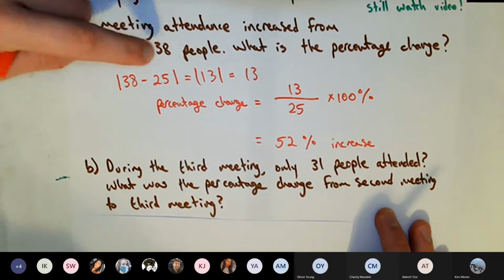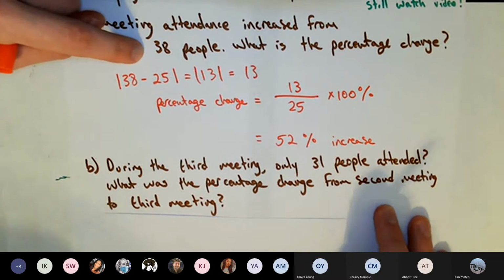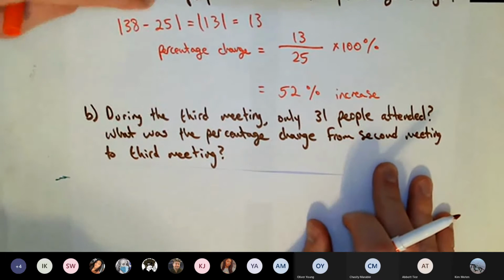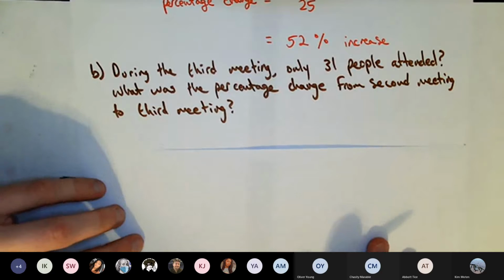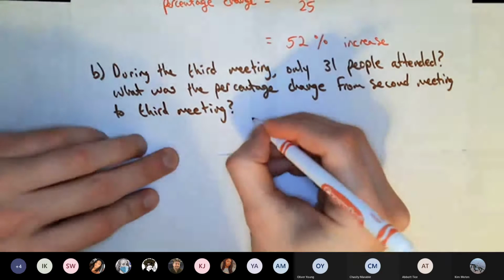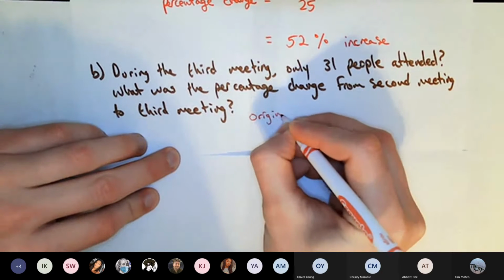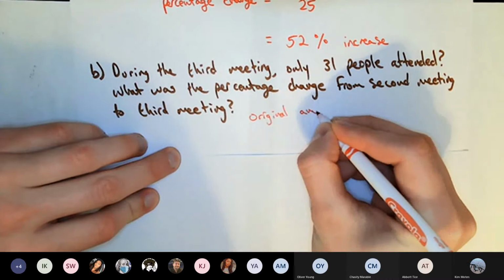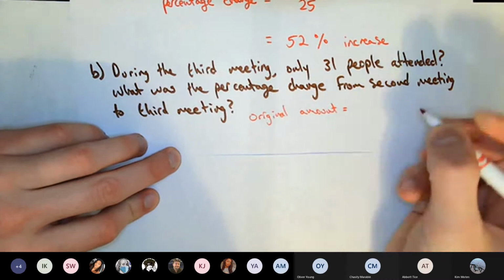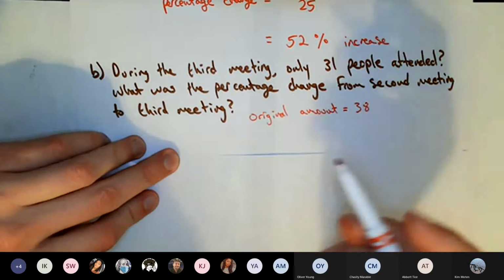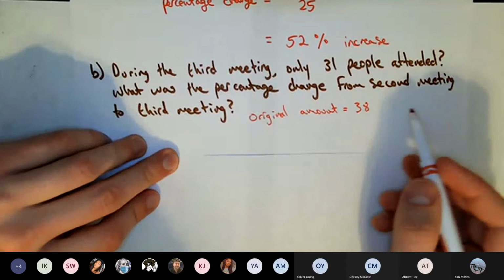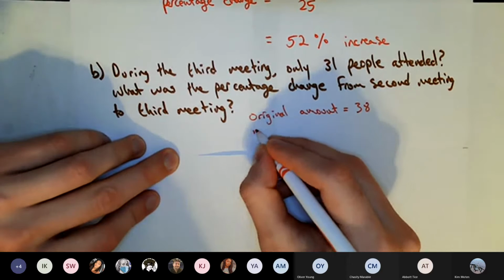Now we want to measure from second meeting to third meeting, which is 38 versus 31. So maybe I should write down explicitly that my original amount in this particular problem is 38, because I'm going from second meeting, which is 38 people, to third meeting.